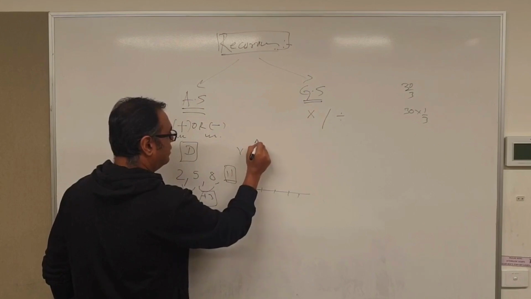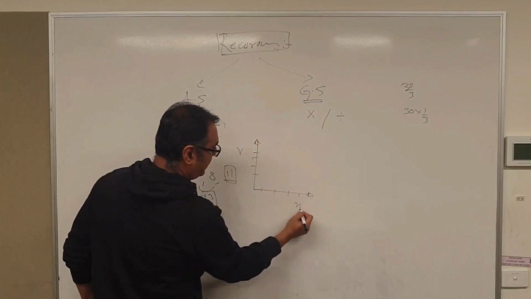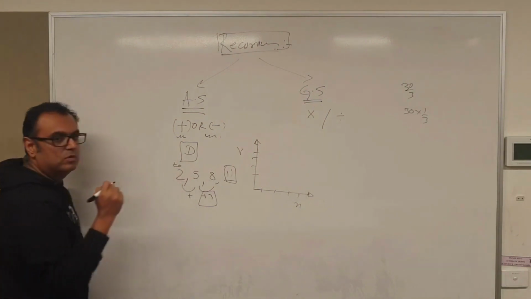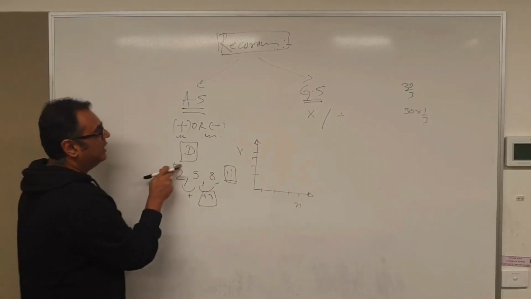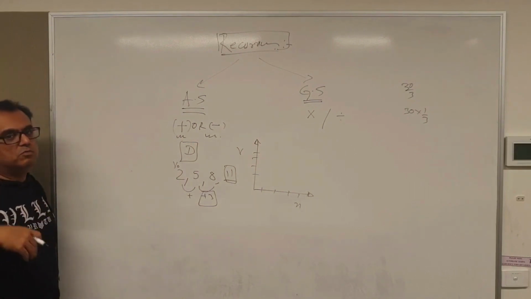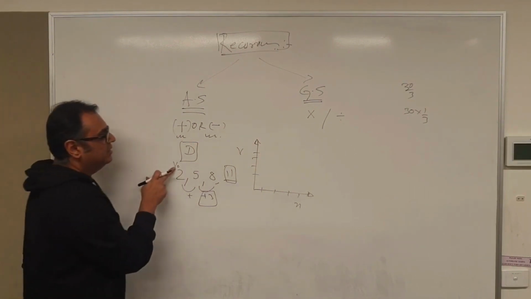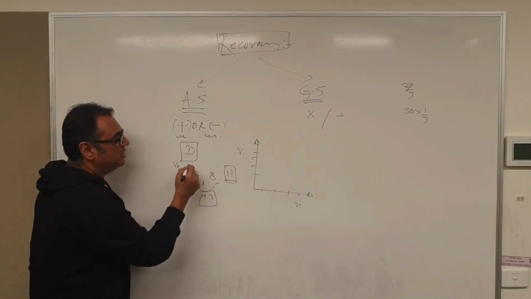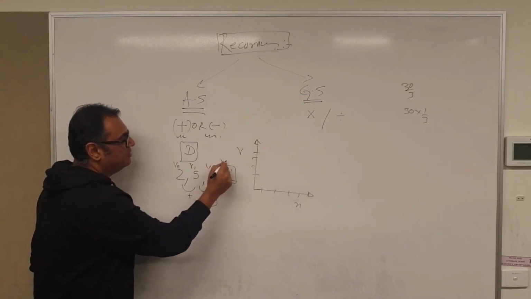When you graph this sequence, the term number is here and the term value is here, so V. This is the term number N. This is T0, term number 0. I can also call it V0, T0, A0, B0, depending upon different books, right? Cambridge calls it V. V or T is used interchangeably in Cambridge. So this is V1 and V2 and V3.